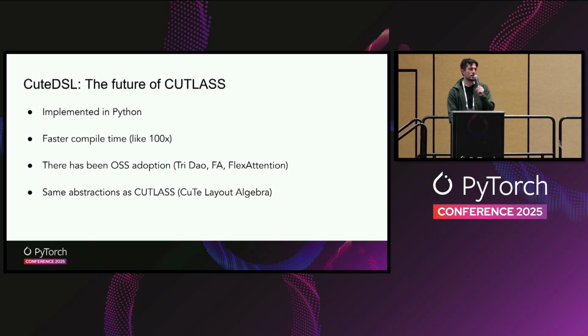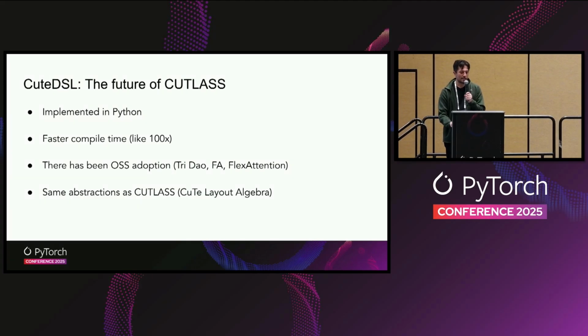And so now I'll switch gears to CuteDSL, which is the new DSL that Nvidia is releasing to, in essence, eventually be the new language everybody will use for auto-tuning. And so this language is easier to maintain because it's implemented in Python. And the main benefit is that it has faster compile time, like 100x.